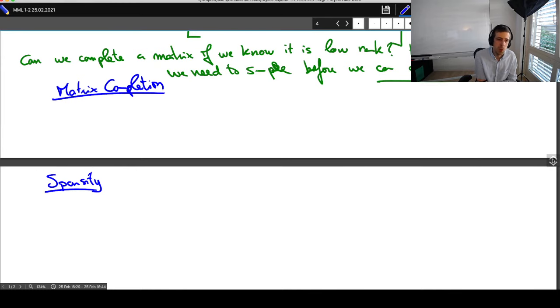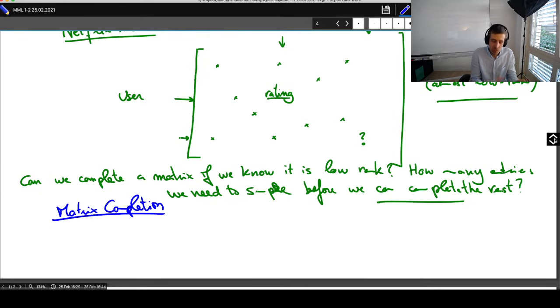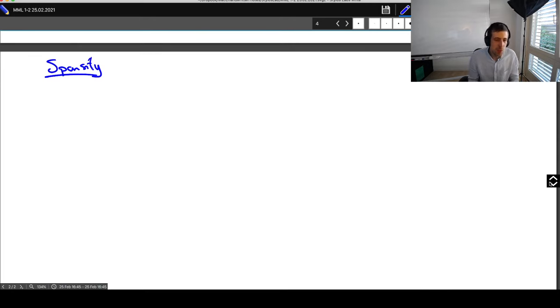So you can view low rank as being when you take the eigen decomposition, or in particular, because this matrix is not square, the singular value decomposition, it will have many zeros, right? Many of the singular values will be 0. And so this turns out to be related to the problem of exploiting sparsity in, say, signal processing and data science and so on, right? And this is known as compressed sensing.